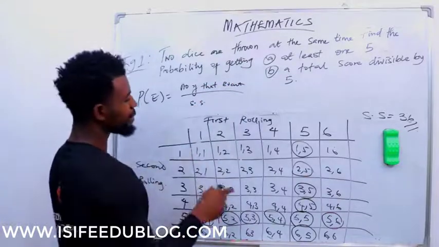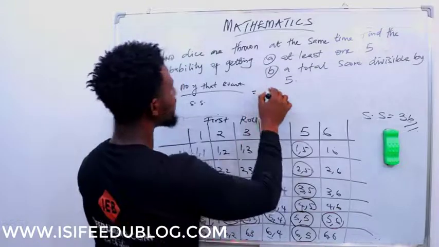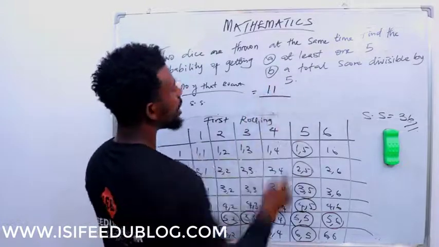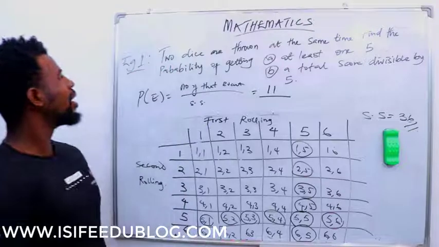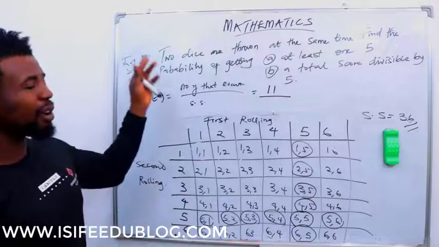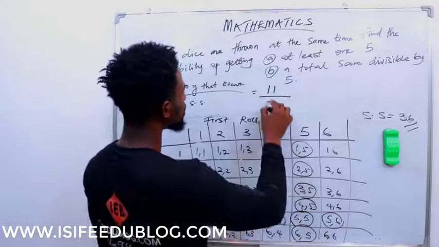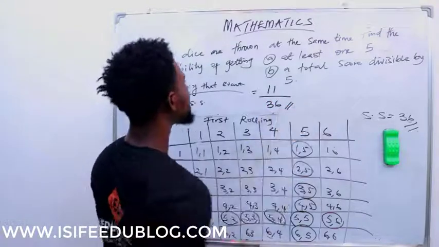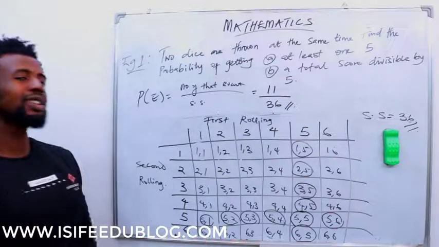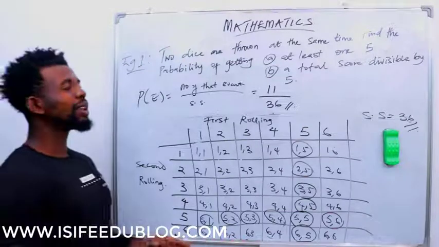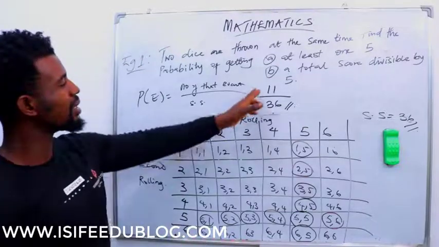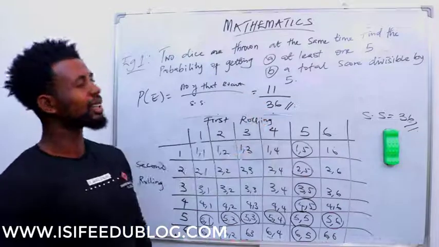So the number of 5 at least once is 11 all over. And remember what we said. As long as it involves 2 dice, your sample space is always 36. It will always be 36. So the probability of having at least 1 face as 5 is 11 all over 36.